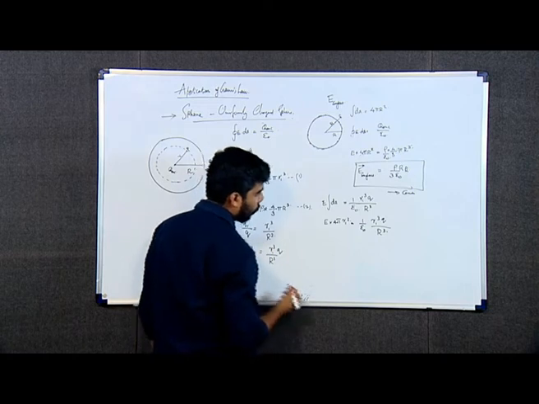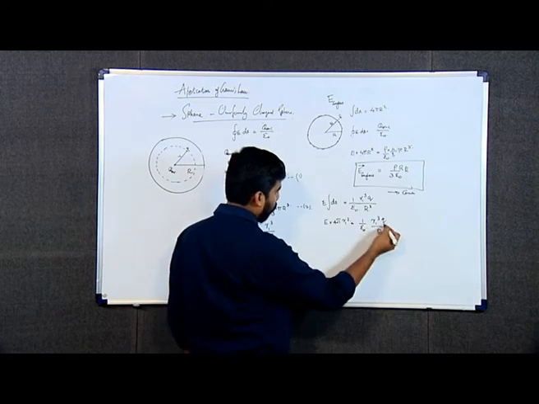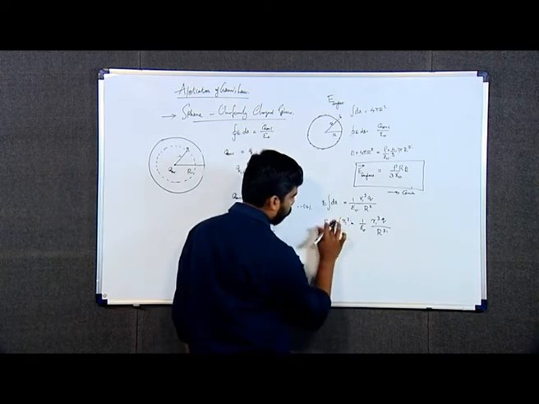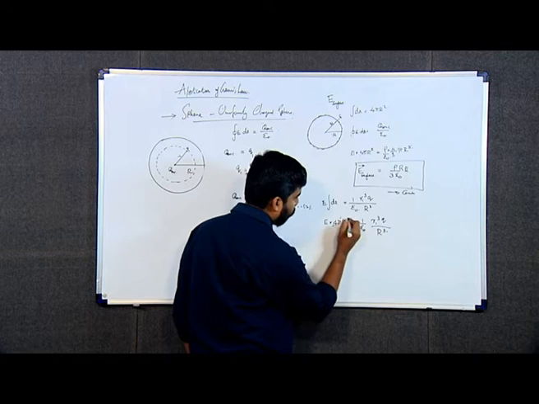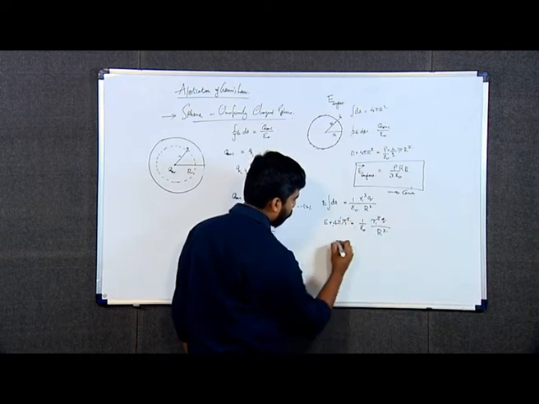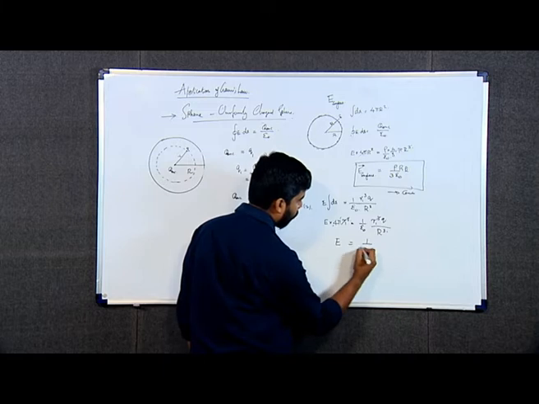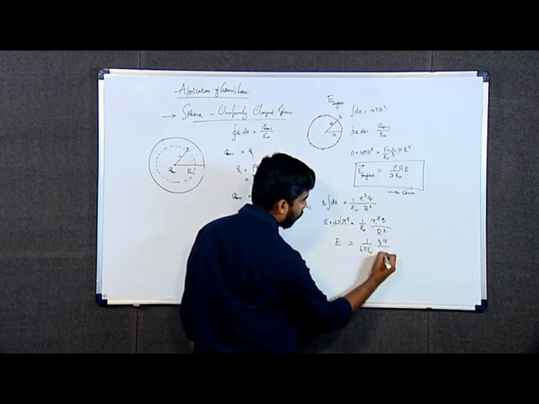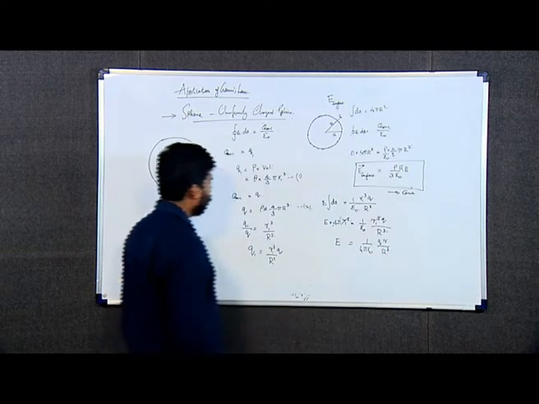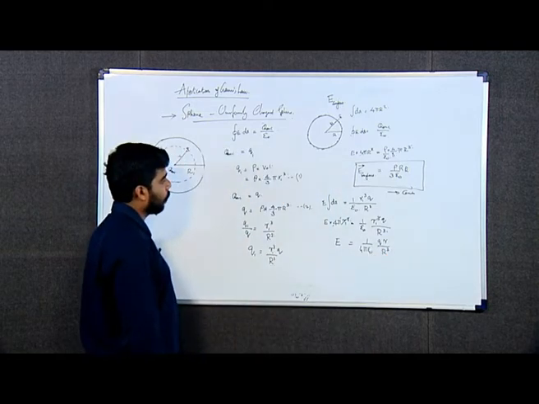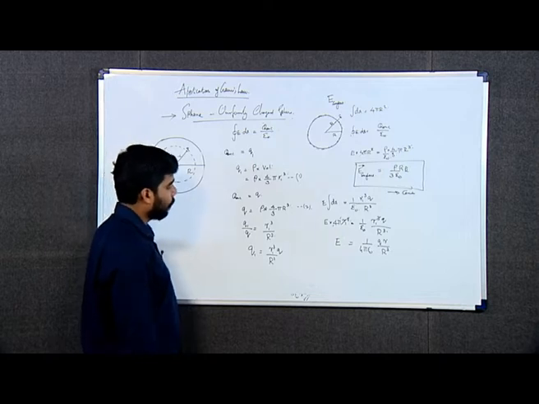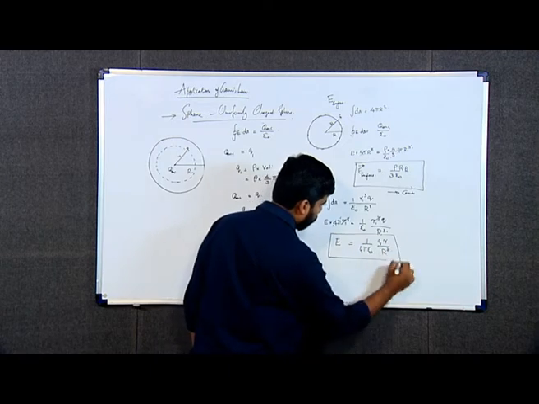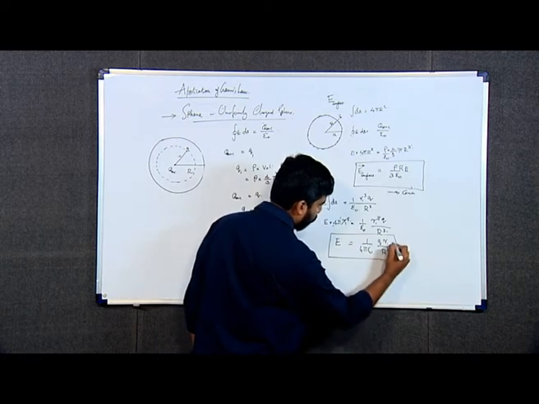This small letter q is the total charge enclosed within the sphere. The r1 square will go, and we will get 1 by 4 pi epsilon 0 into Q r1 by R cube. So this is how we can write the electric field inside the sphere, in the r1 cap direction.